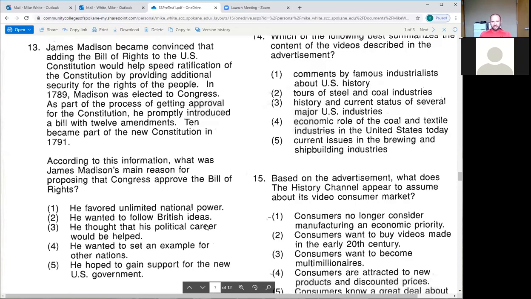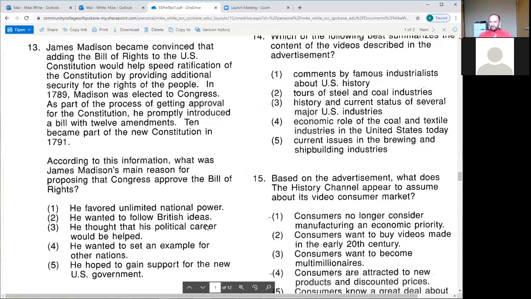So again, if we're looking at these options, 1 and 2 I would throw out right away, just by the way that they're worded. He favored unlimited national power. Either we know or we hopefully know, the United States government wasn't set up in favor of unlimited power or even a very powerful government, because we were rebelling from England, which had a very powerful king and a very powerful government.